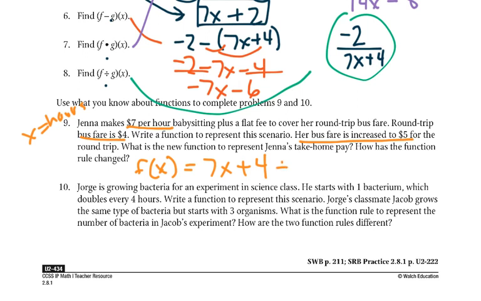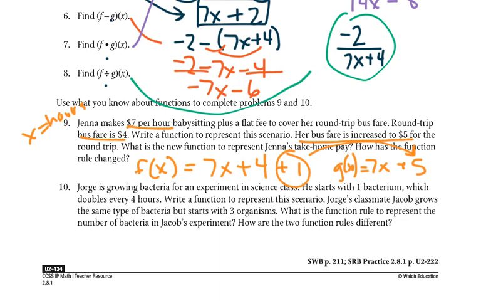Well, we added another dollar, didn't we? So, the new function would be 7x plus 5. How has the function rule changed? Well, we just added 1 to this one. Okay, that's really all I can see that it would be talking about.